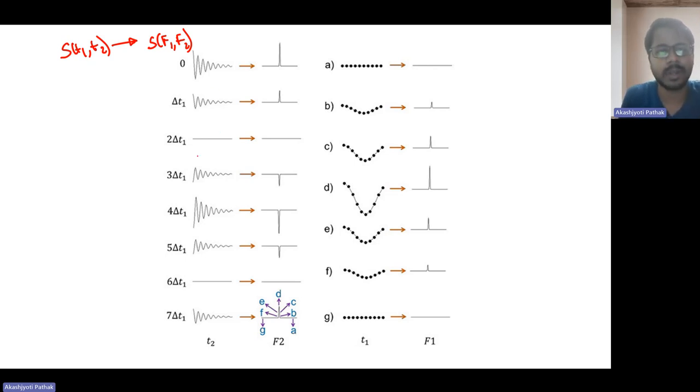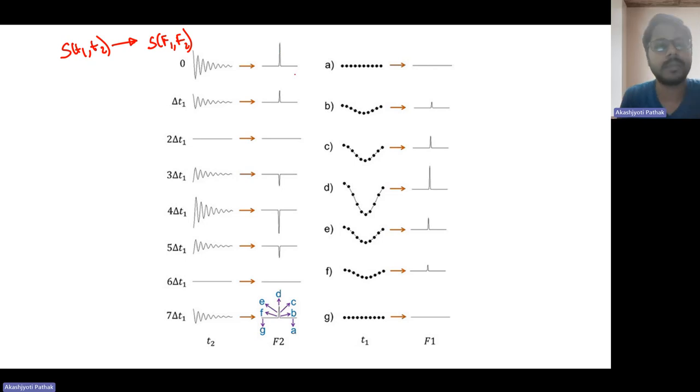This is the first column, and this first column indicates the individual FIDs collected for T1 time points, and they are then Fourier transformed. So this is the FID at different time points, and Fourier transformation of this will give you a single line in the frequency domain.